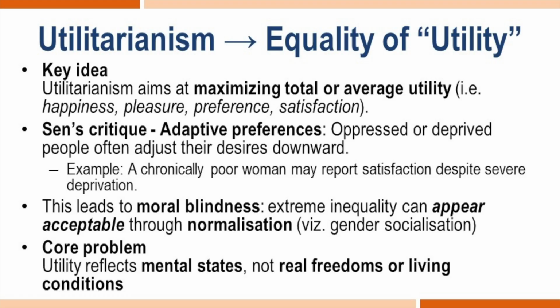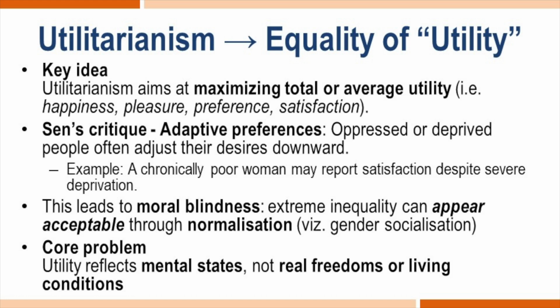One quick example is a chronically poor woman who tries to find satisfaction despite severe deprivation. When we discussed gender socialization processes, we saw how women are socialized to adjust their expectations, their behavior and action.